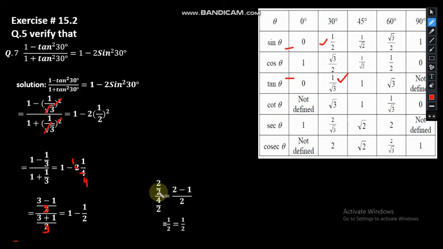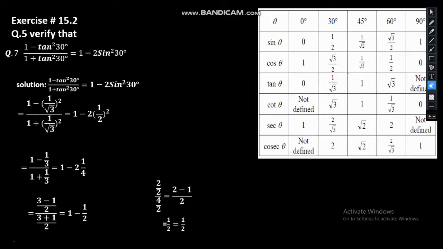Here typing mistake again, here is 3 and here is also 3, so 2 minus 1, take LCM, and 3 cancel by 3, and 1 divided by 2 divided by 4, which is equal to 1 divided by 2, equal to 1 divided by 2.